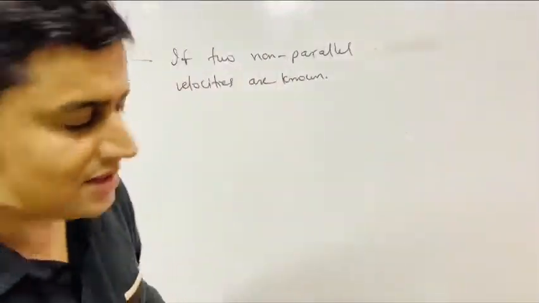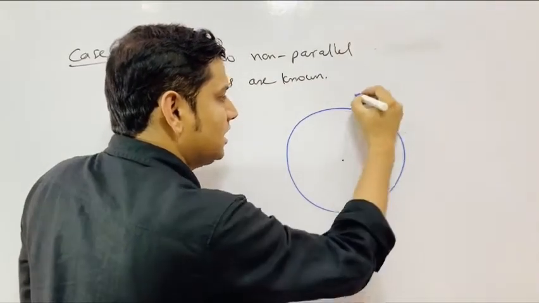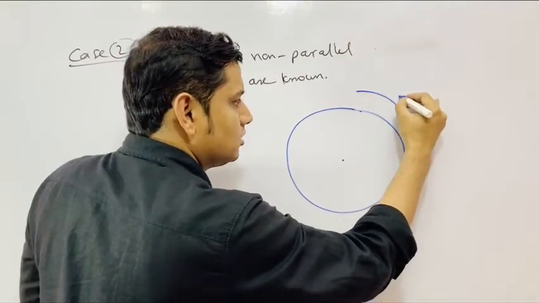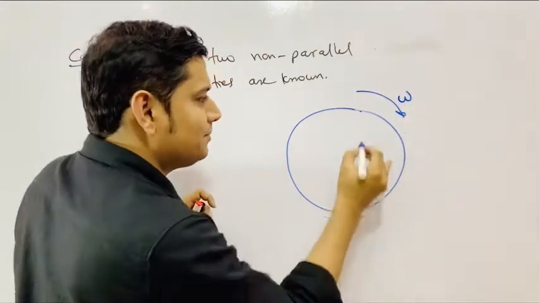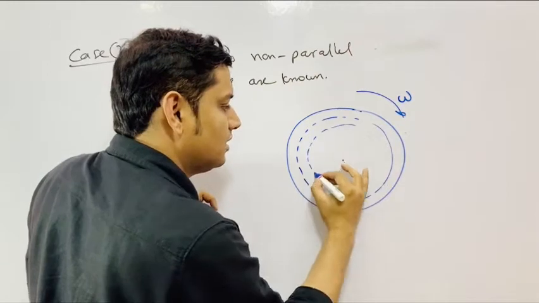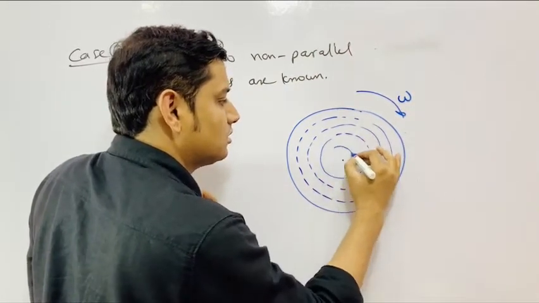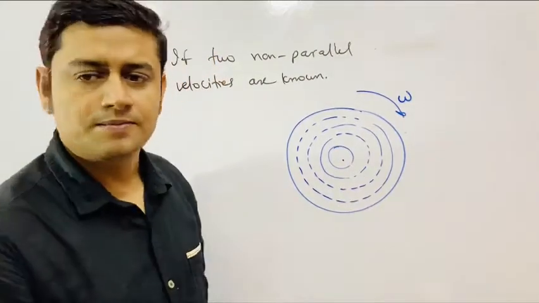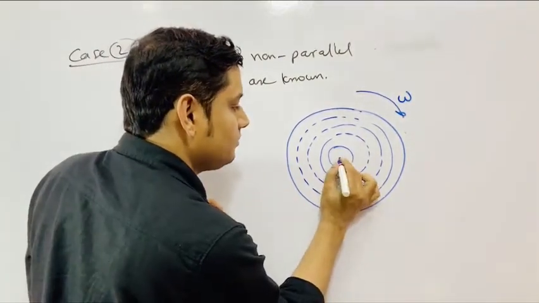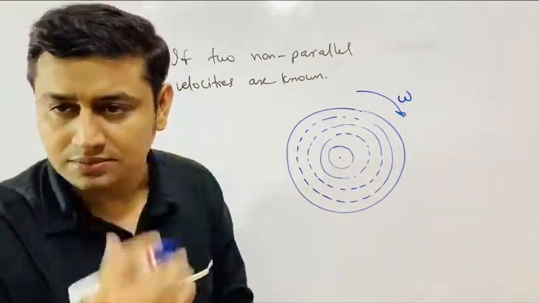So suppose I have a disk. And this disk is rotating about this with omega. So there are many circles with different radii, and the particles lying on these circles are going on the circular path like this. Now understand, suppose I take any 2 points not on the same diameter.